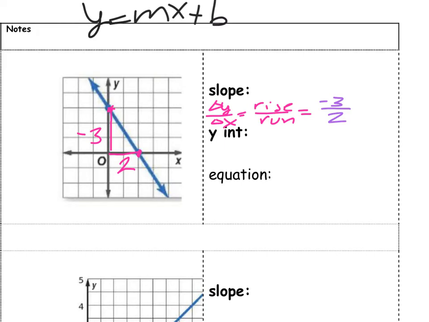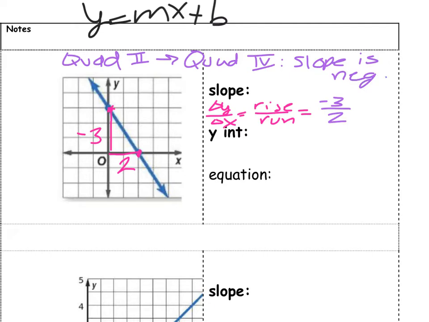So I'm going to write that off to the side: quadrant 2 to quadrant 4, our slope is negative. Always. So if our line is going down, our slope is always going to be negative. I would write a star by that.